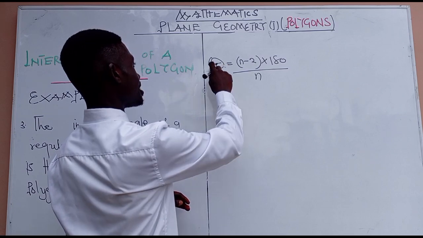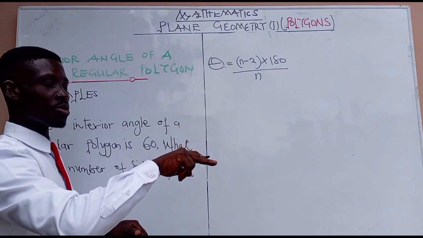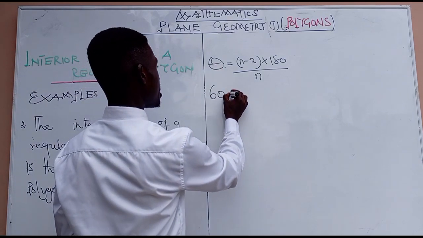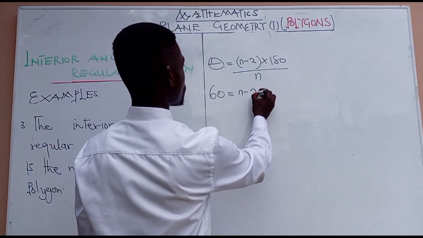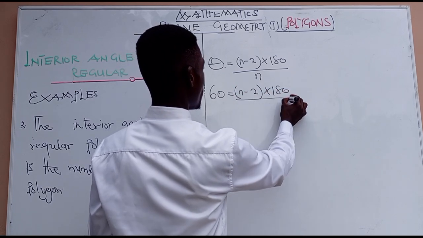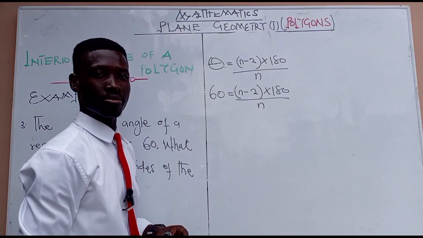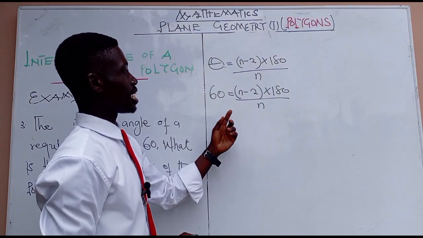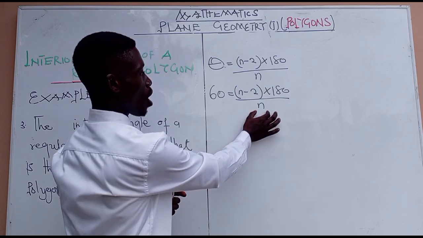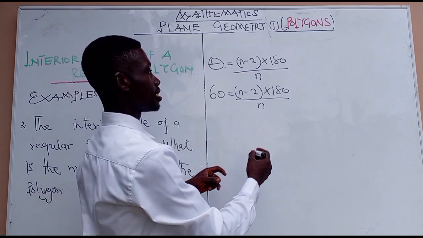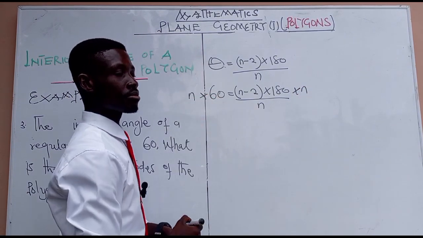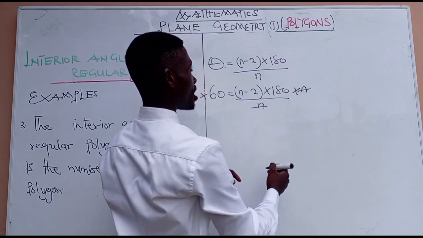So we have theta, 60, is equal to (n minus 2) times 180 all over n. Now we multiply both sides of the equation by n so that we can do away with the fraction. So this n and this n will vanish.